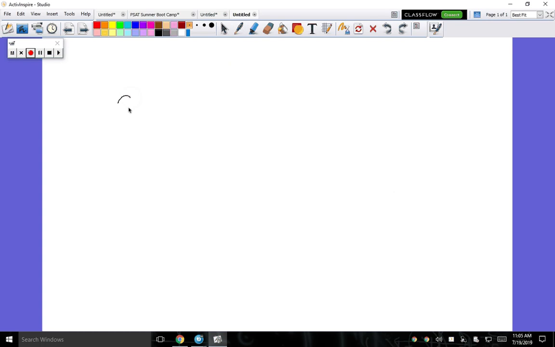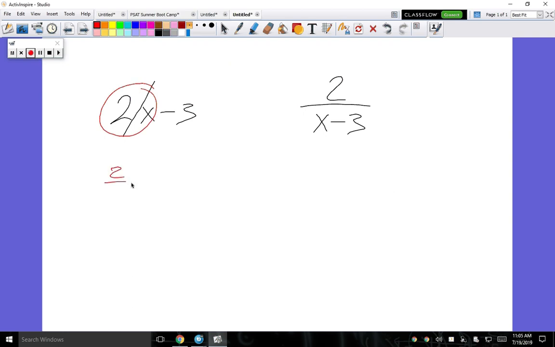Let me show you this. Is this the same as this? No. Because order of operations says multiplication and division would happen first and then subtraction.